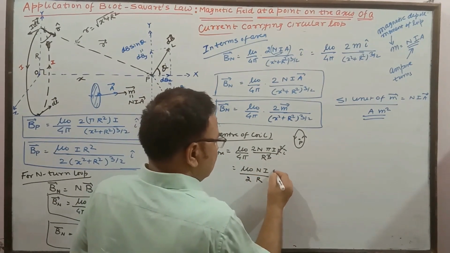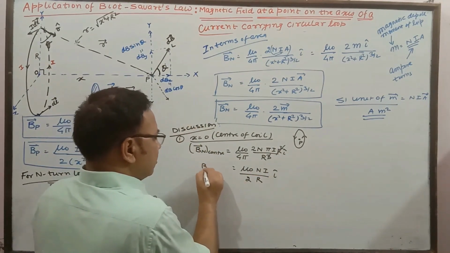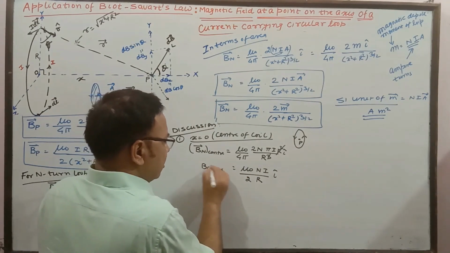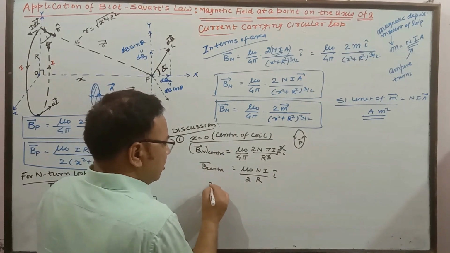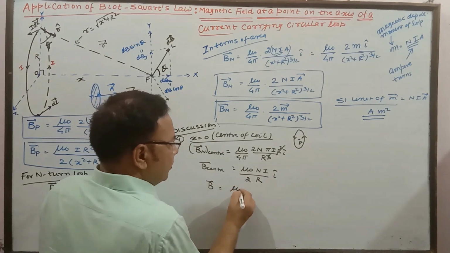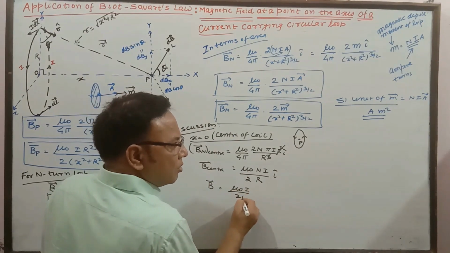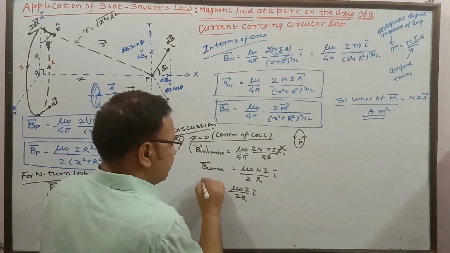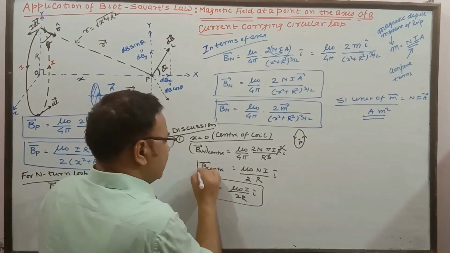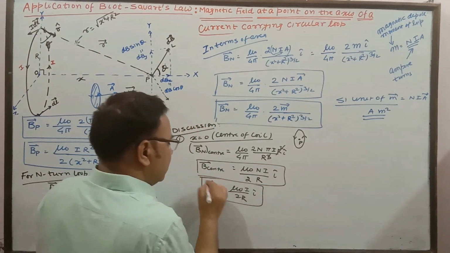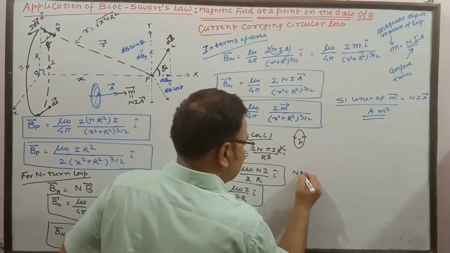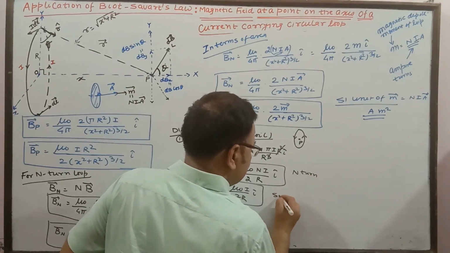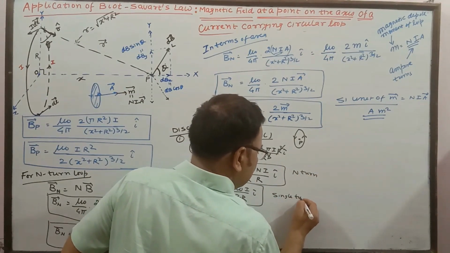So this is the magnetic field at the center for an n turn coil. For a single turn, that is equal to mu naught I upon 2r, I cap. This is for n turn, and this is for a single turn coil.